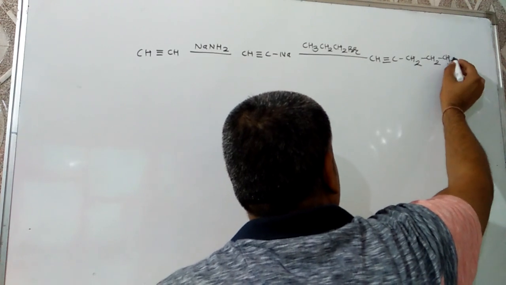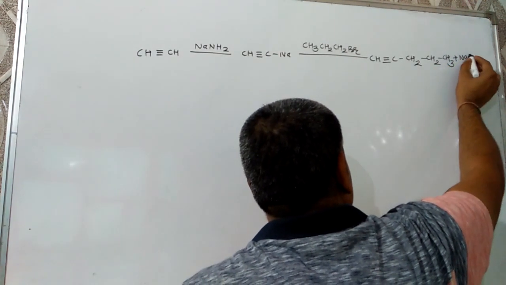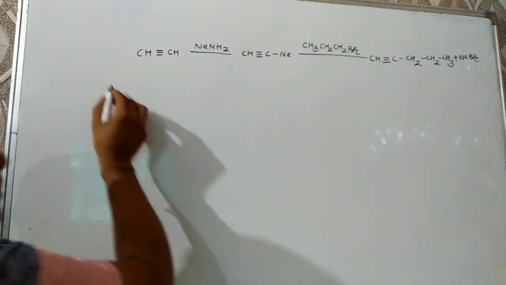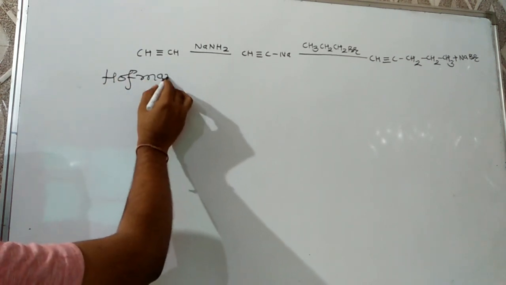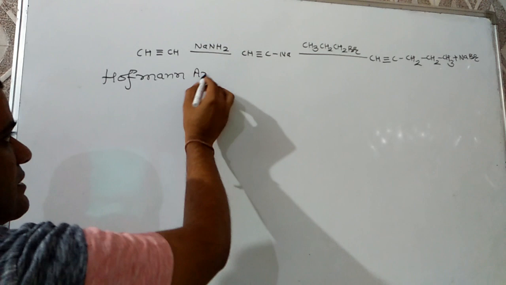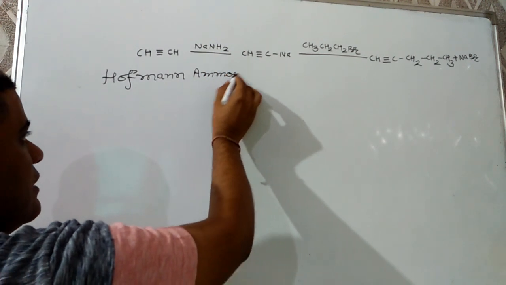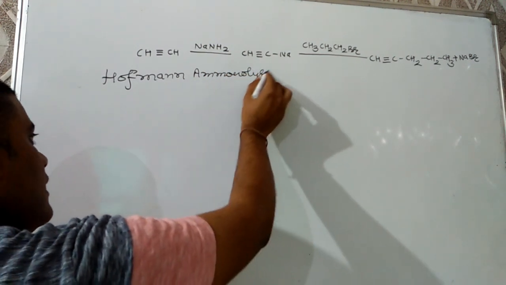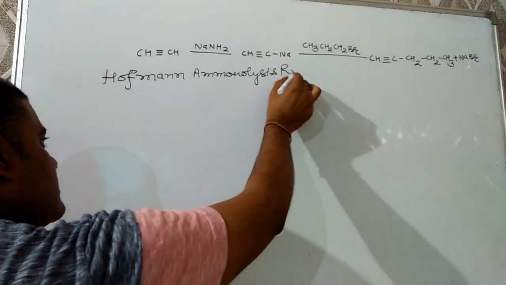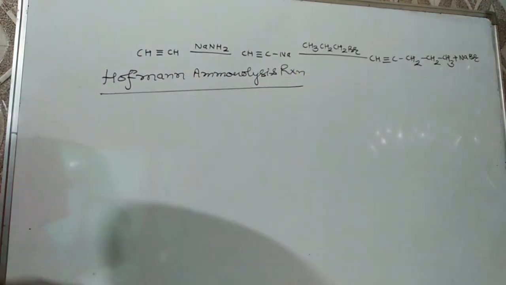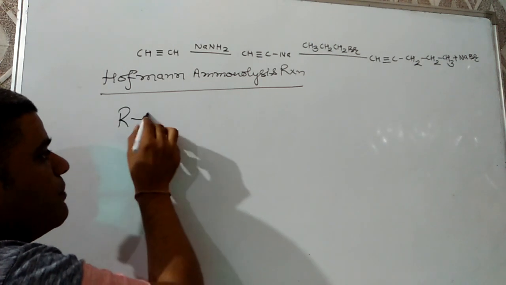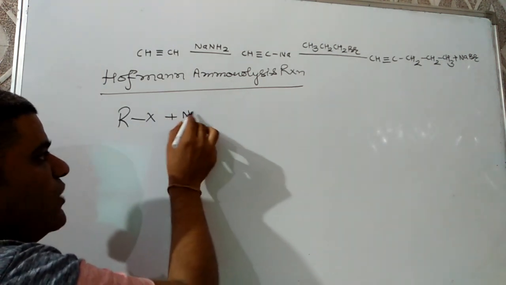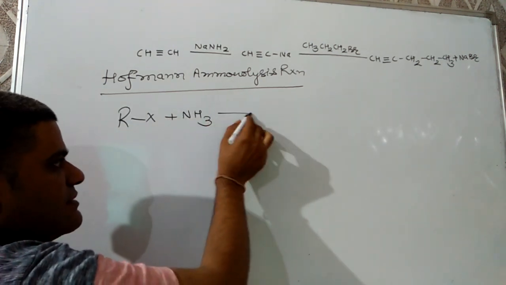Next is substitution by amino group, or Hofmann ammonolysis reaction. In Hofmann ammonolysis, we get a mixture of products if haloalkane is in excess.